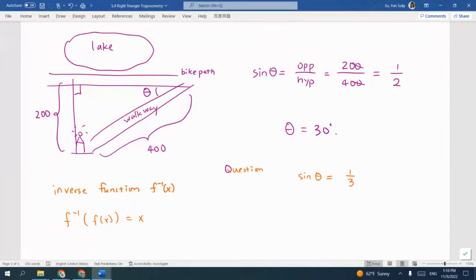And applying f to f inverse of x, we also get the x back. So we have inverse sine. You write sine to the -1, because for an inverse function you put -1 on top of the f. So this is the inverse sine.